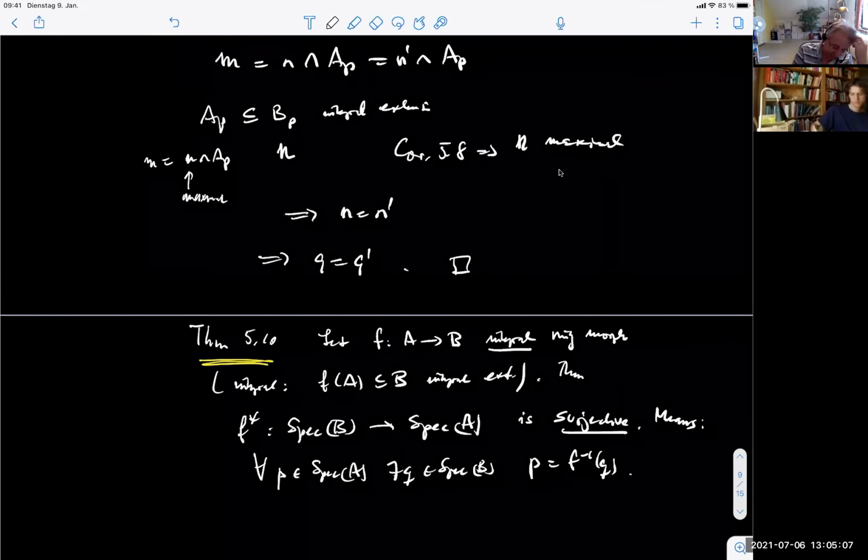In most applications, A is actually a subring, so F is the inclusion.